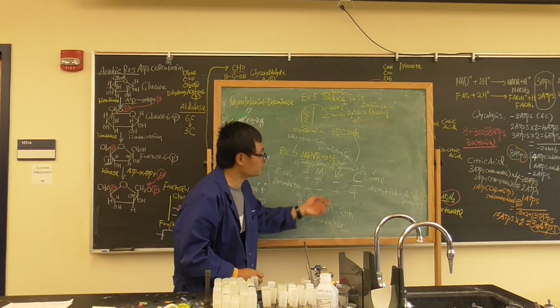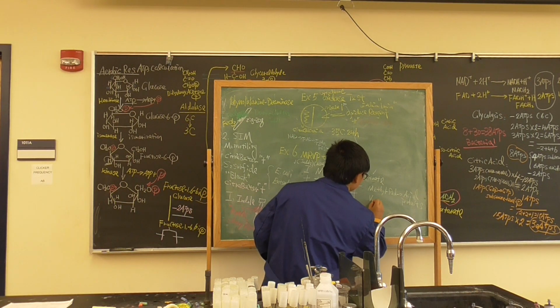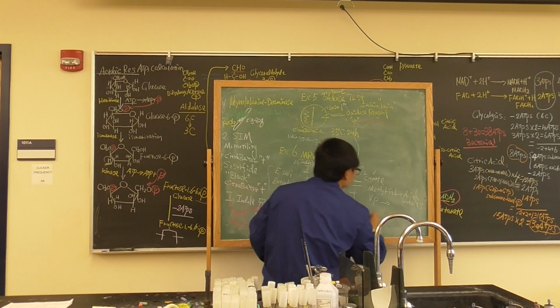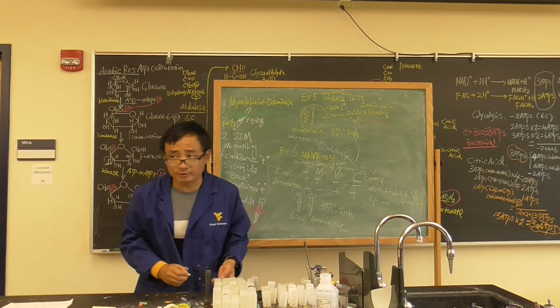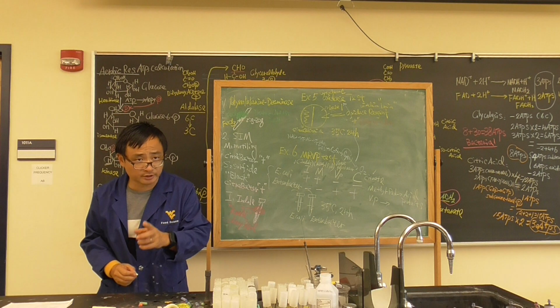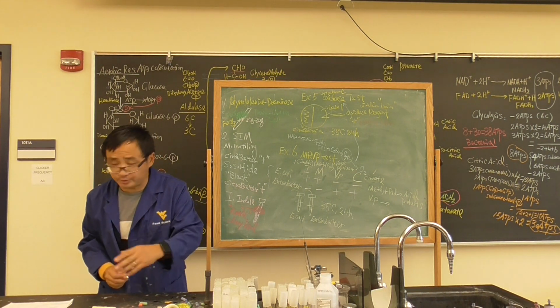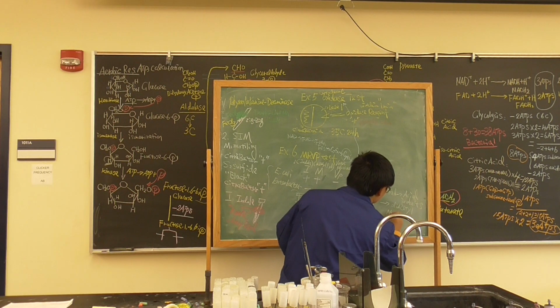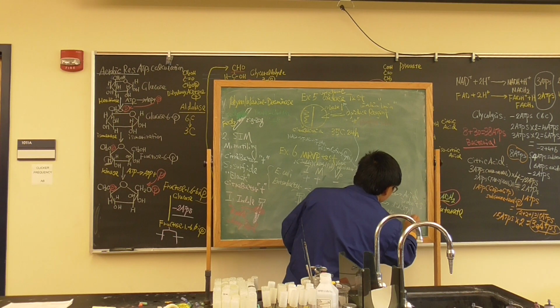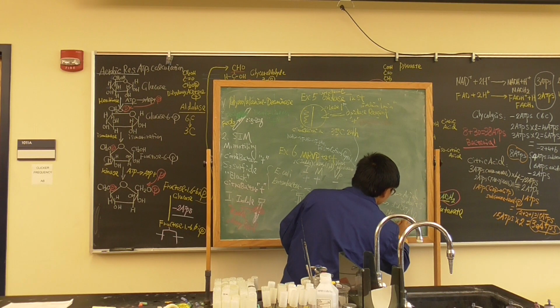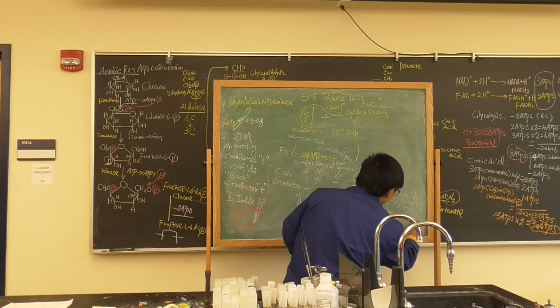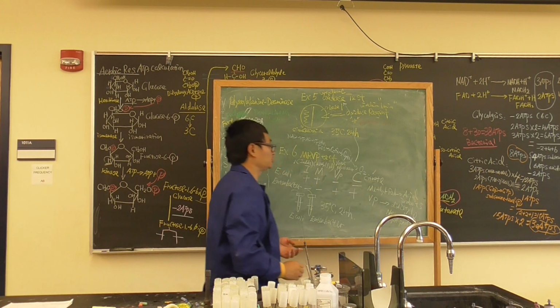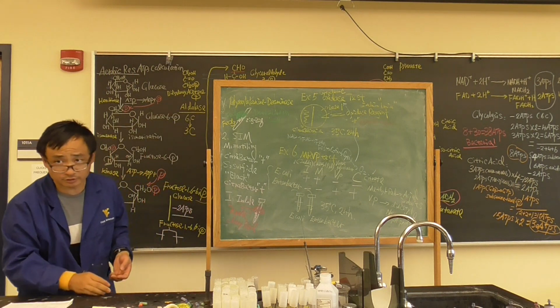But how about the Voges-Proskauer test? What is VP testing for? Some of the bacteria will generate intermediate products which are pH neutral, for example diacetyl. These neutral products can show the difference between these two bacteria. That's why we do it.